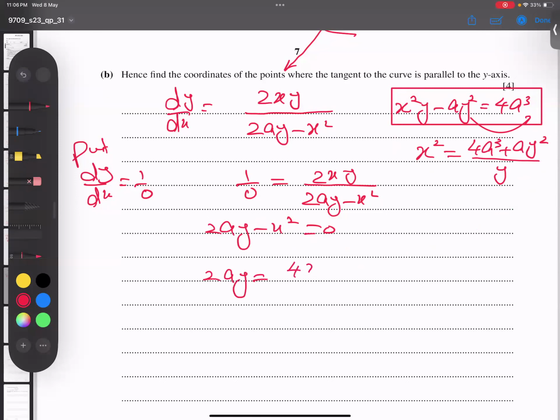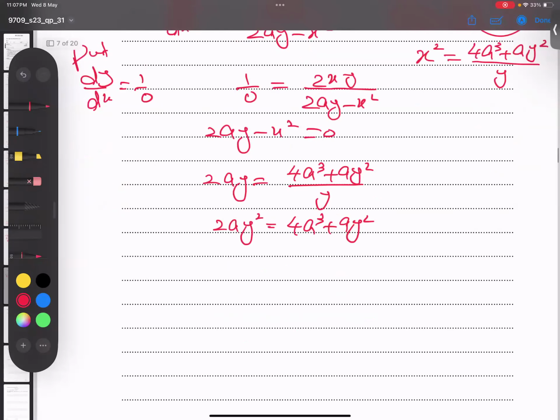See, I believe you got the point of how I handle this equation. Let me check once again: 4a cube plus a y squared divided by y, correct. And then I keep it here and now cross multiply, y into y, I get a y square, 4a cube and plus a y square.